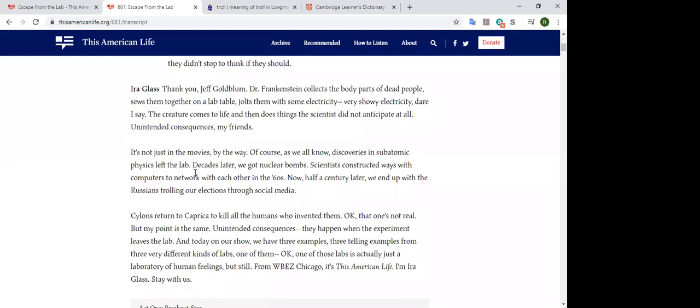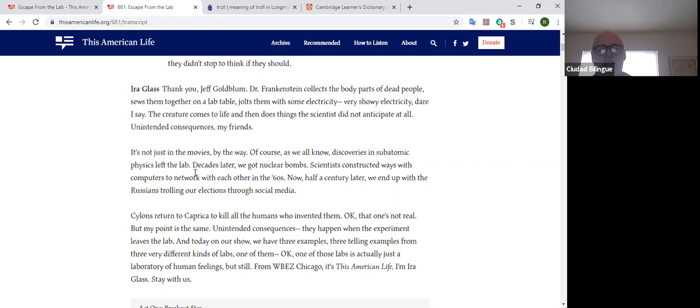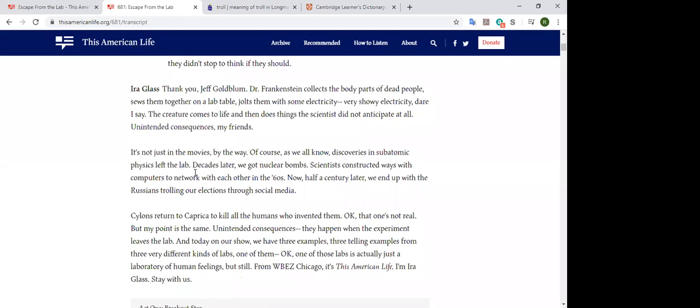Did the dogs in subatomic physics leave the lab? No. Well, just make it simpler. Just say dogs. Replace the whole subject with dogs. Did dogs leave the lab?